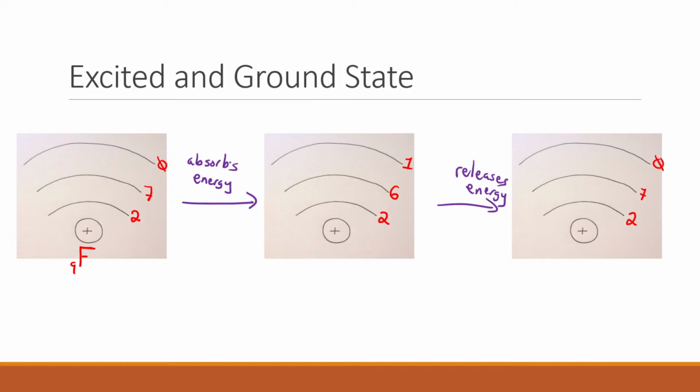So no matter how you give the energy to the atom, it will absorb that energy and one electron will jump up to a higher shell. And then when it falls back down, it will release light energy.